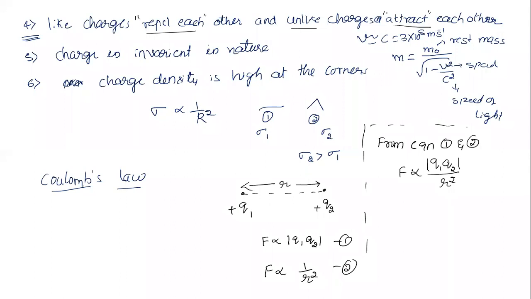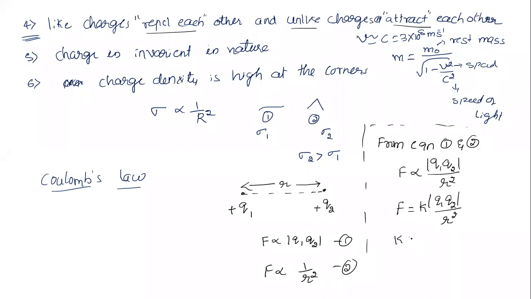Now I want to remove the proportionality constant, because as of now I know force is proportional to this right-hand term. If I increase the right-hand term, the force is going to increase. But I want to know exactly how much it increases, right? So I'm going to remove the proportionality constant. I'll write force is equal to K times the magnitude of Q1 Q2 divided by r squared.